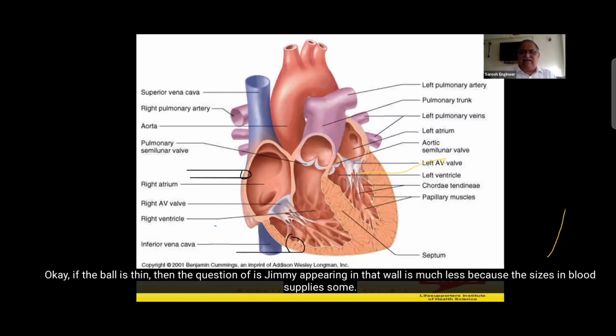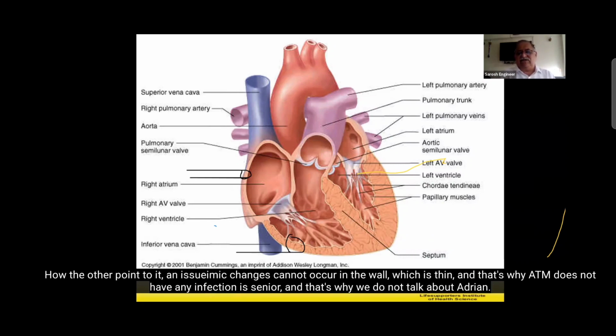If the wall is thin, then the question of ischemia occurring in that wall is much less, because the wall is thin, blood supply is somehow or the other going to it, and ischemic changes cannot occur in a wall which is thin. And that's why the atrium does not have any infarction or ischemia, and that's why we do not talk about the atrium.